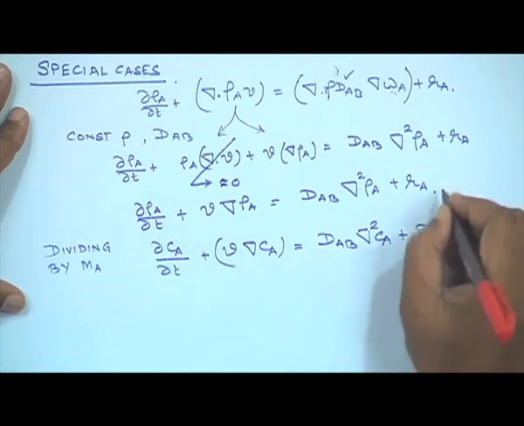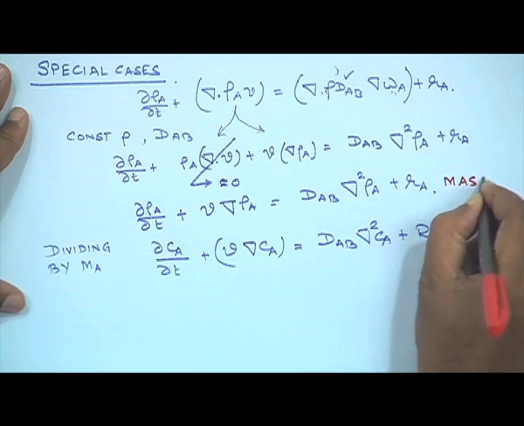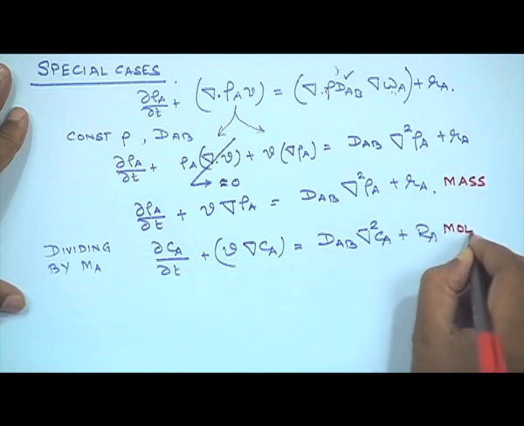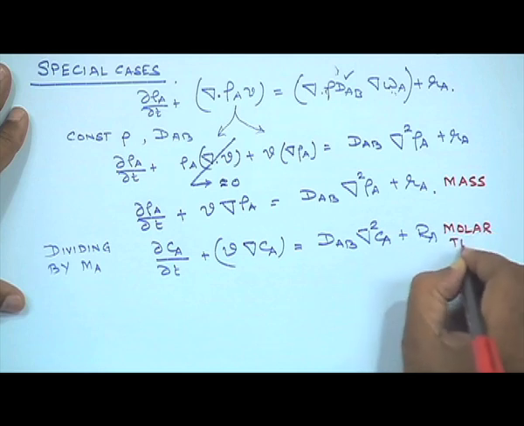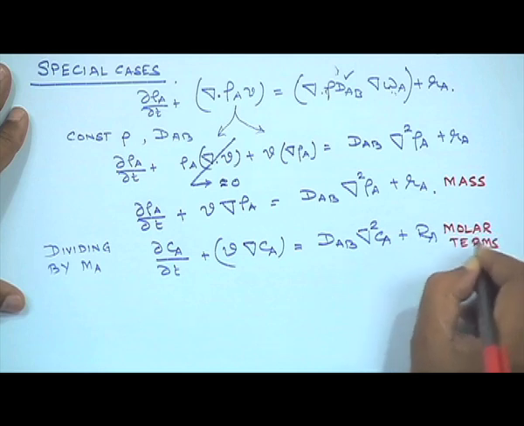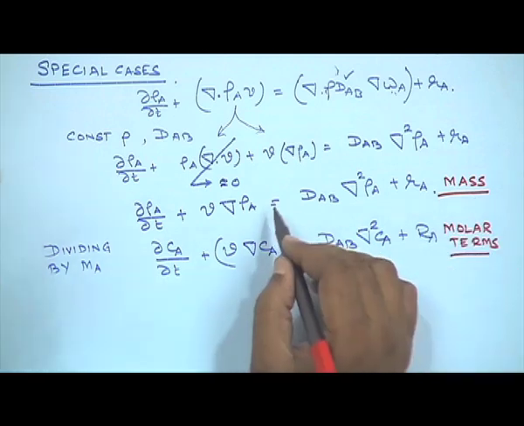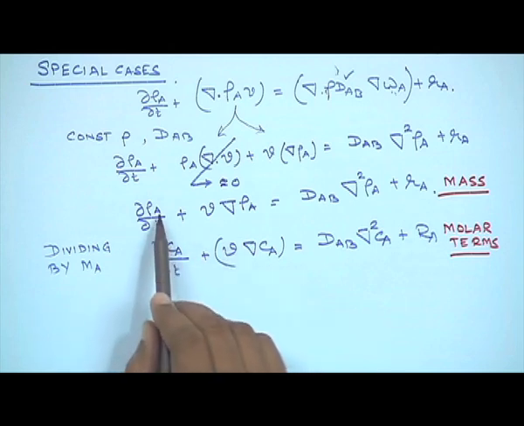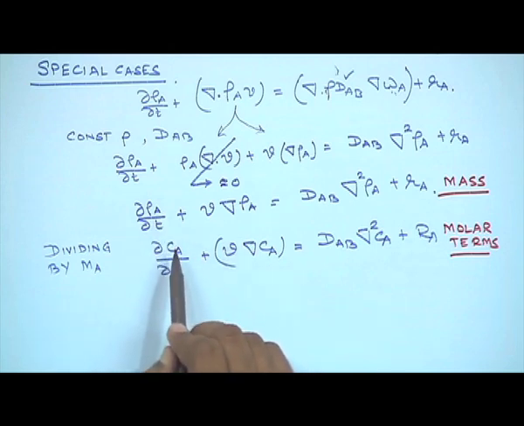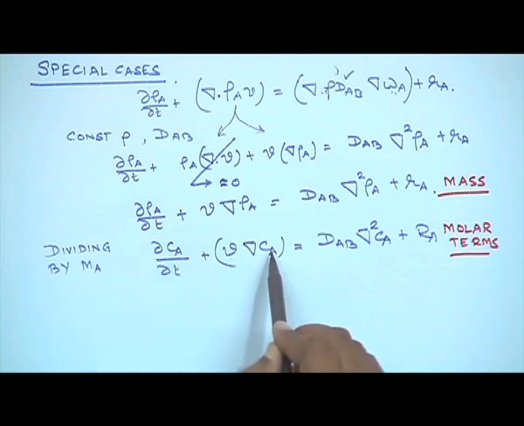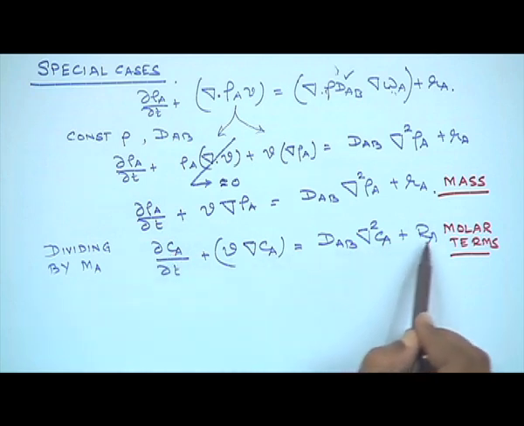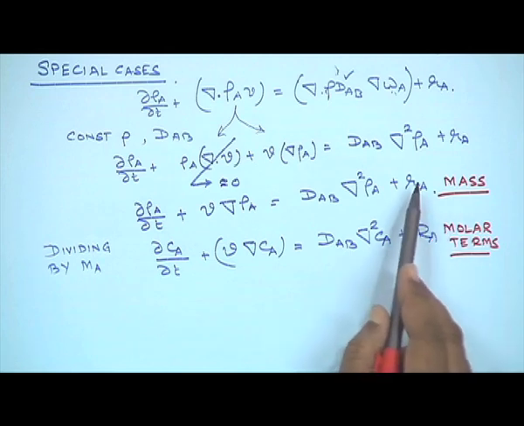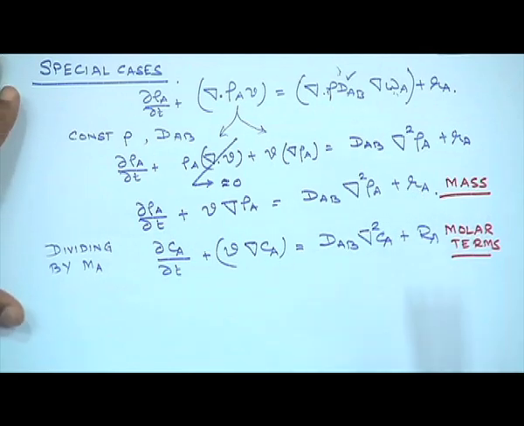So these are in mass terms and this is in molar terms. These are identical equations. Conceptually they are the same, but one is in mass concentration, this is molar concentration, with the reaction rate expressed in terms of moles rather than masses.